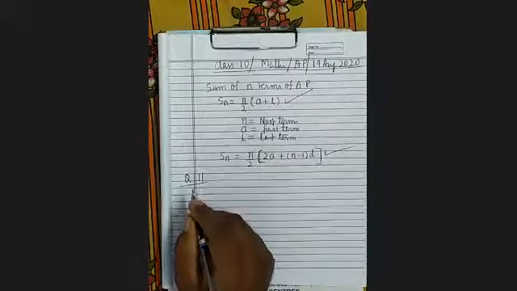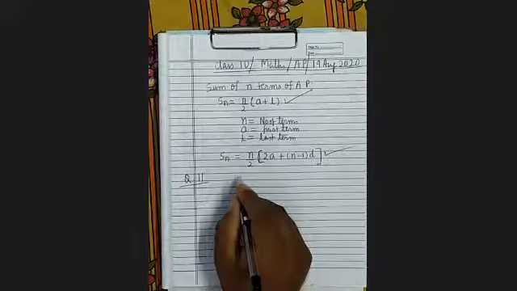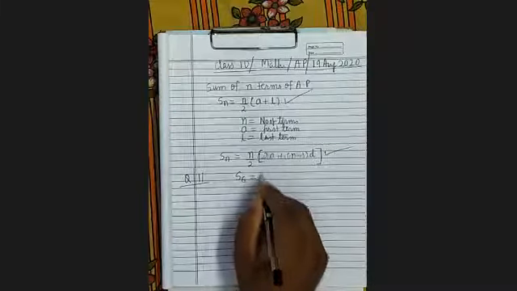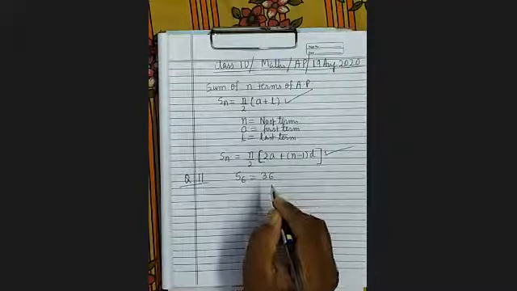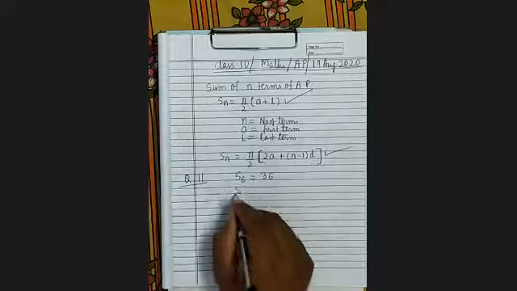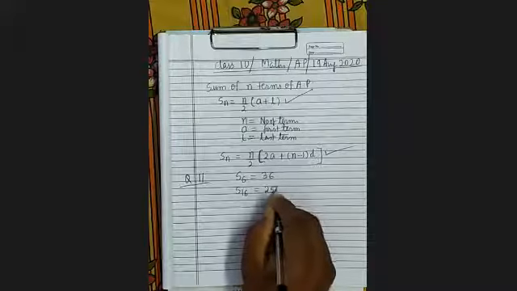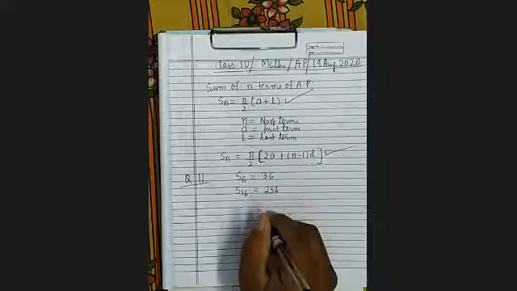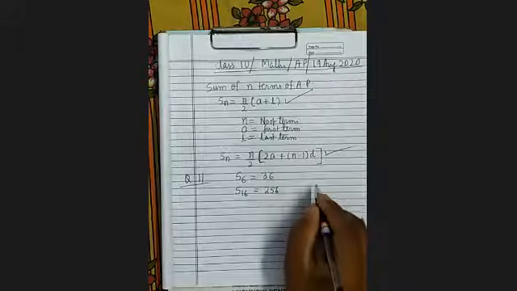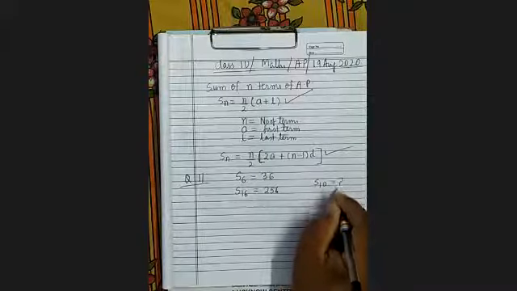If the sum of the first 6 terms of an AP is 36, sum of first 6 terms means S6 is 36, and that of first 16 terms, it is given 256. Find the sum of the first 10 terms. You have to find the sum of first 10 terms.